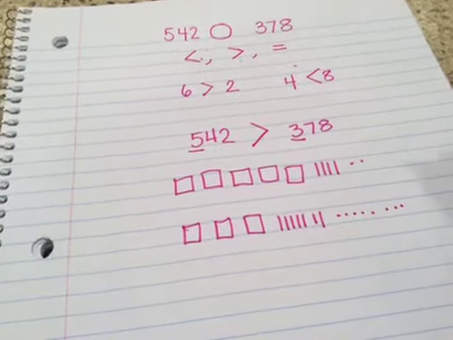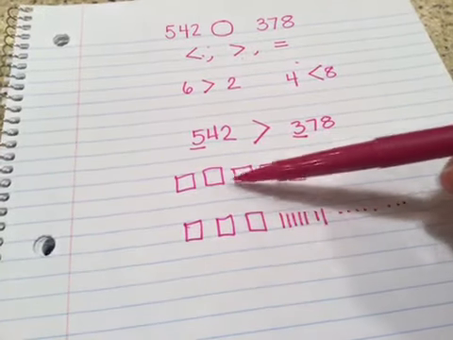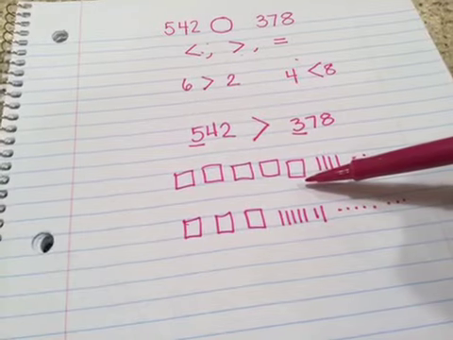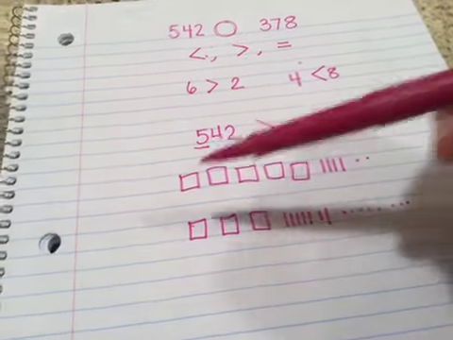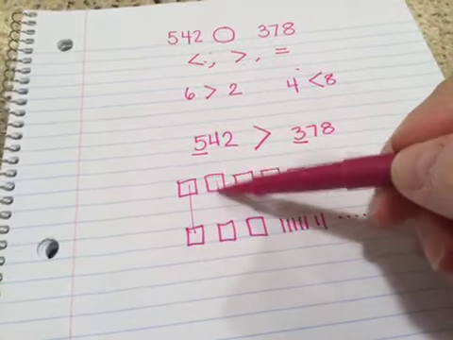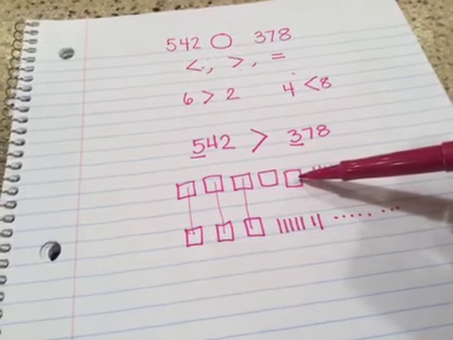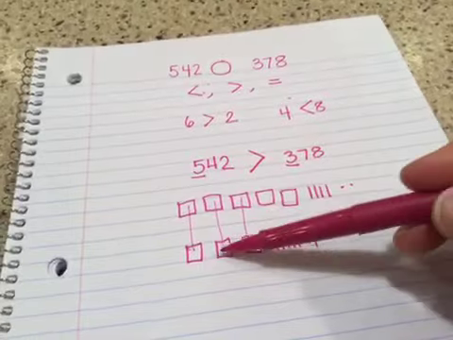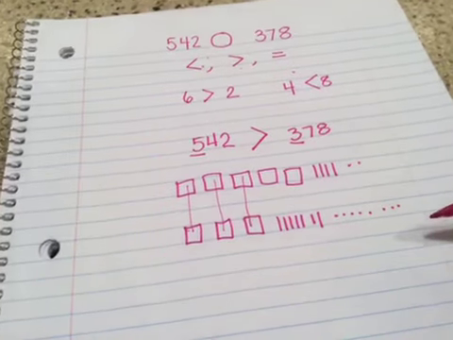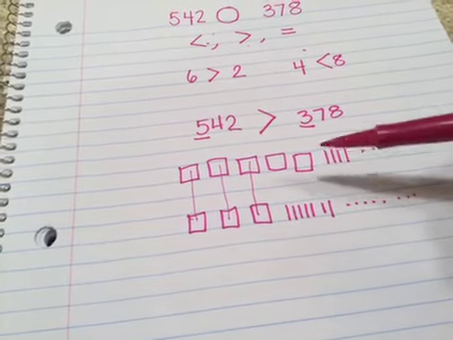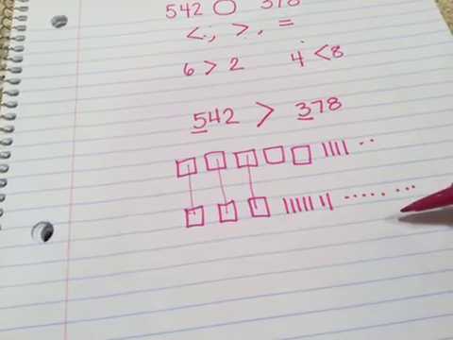Okay, and I can see that there are more hundreds in 542, and I could just even match them up to prove that. Look, there are more hundreds in 542 than there are in 378. So that drawing proves that 542 is greater.